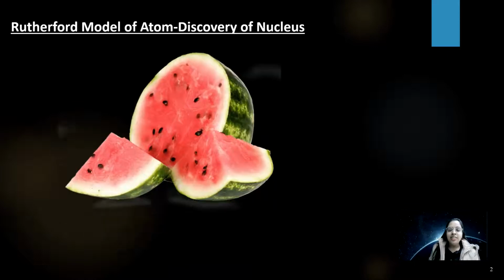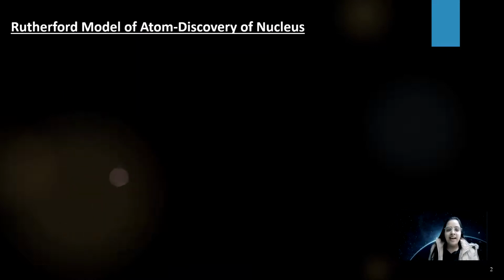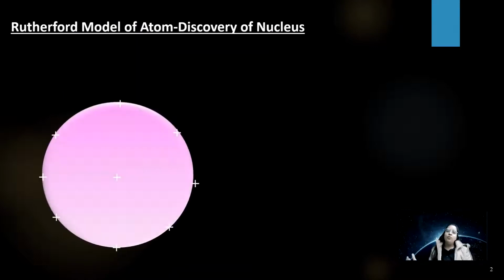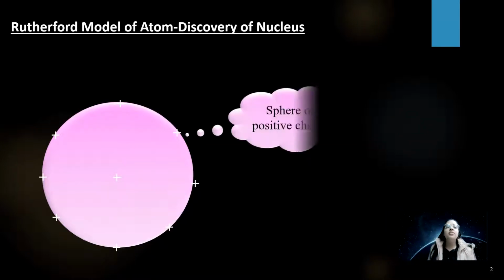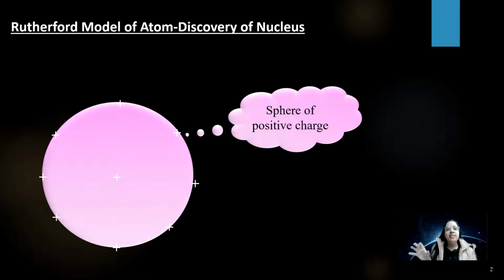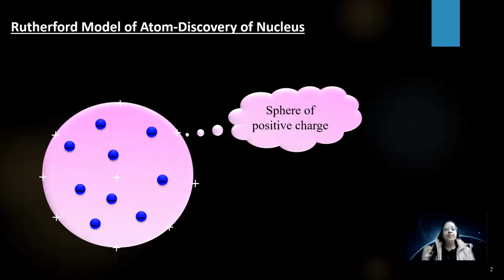J.J. Thomson told us that just like a watermelon, in an atom there is a sphere of positive charge, just like the red portion in the watermelon. And the negatively charged electrons are embedded in this sphere, just like the black seeds are embedded in the red portion of your watermelon.